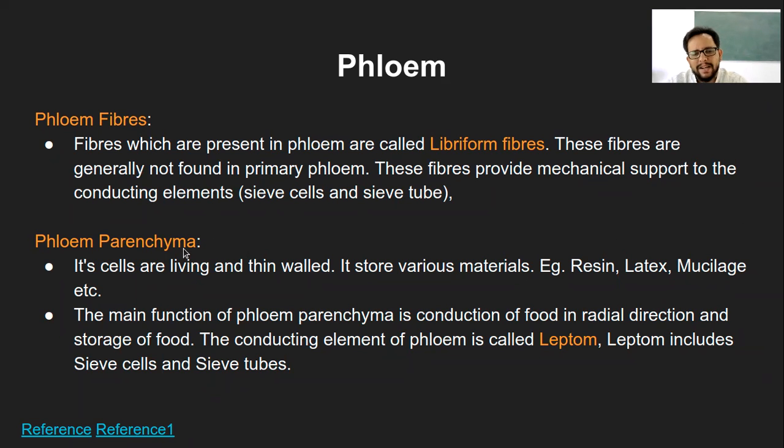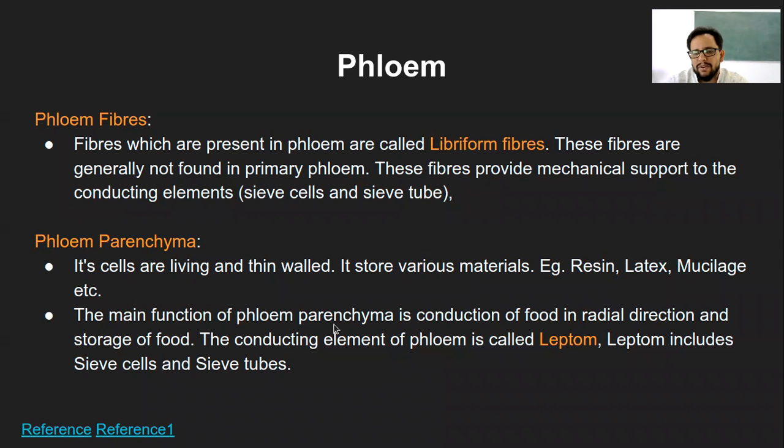Then phloem parenchyma: again, these are living, thin-walled cells. They store various materials including resin, latex, mucilage, and so on, which are the things you get as a secondary secretion, either through bark or when you pluck a leaf.